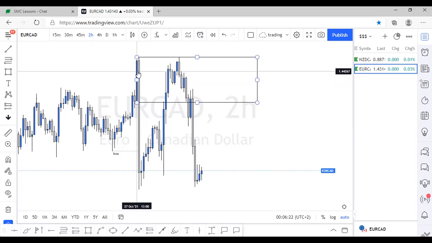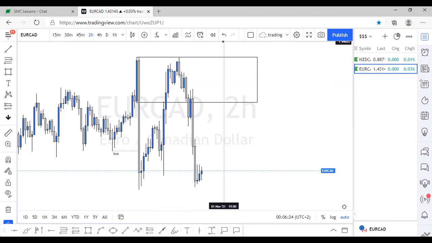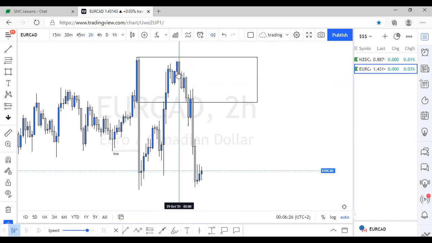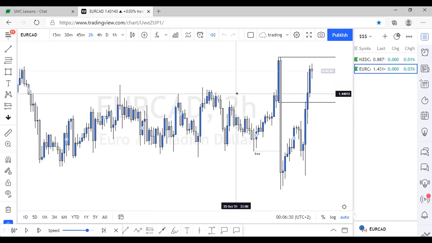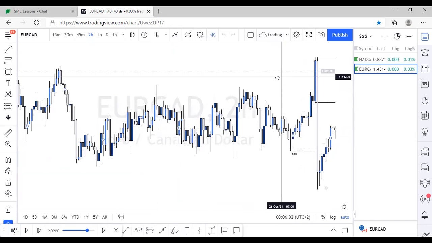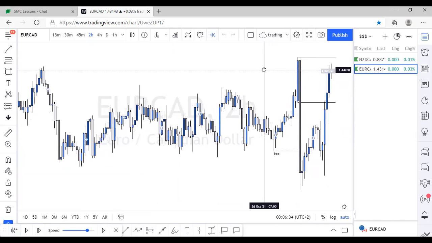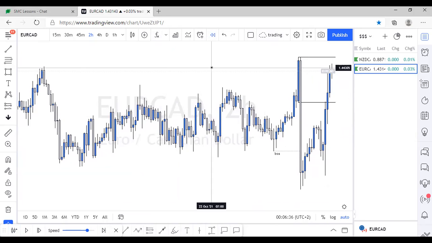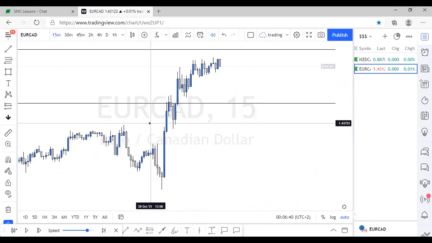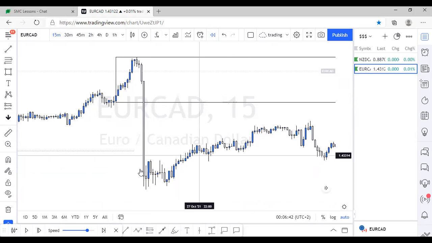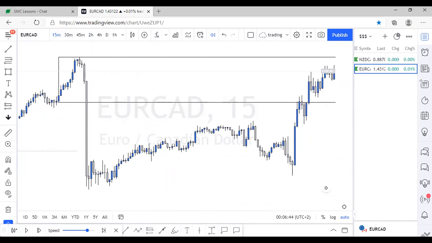Yes, this setup was not nice, but it did play out. So we're going to go to the lower time frame. When you get to the lower time frame, you can see we have this order block, isn't it?